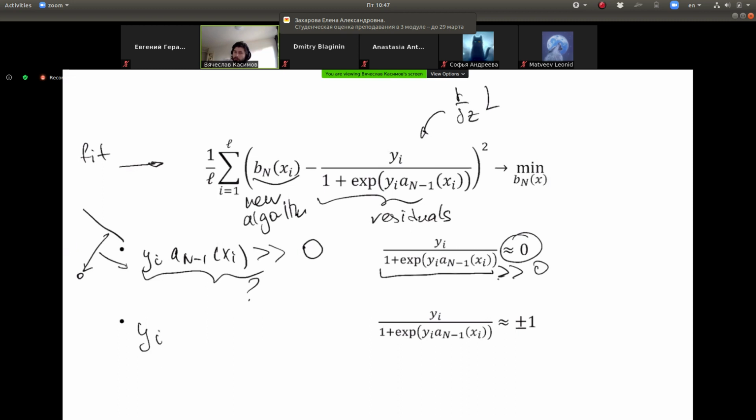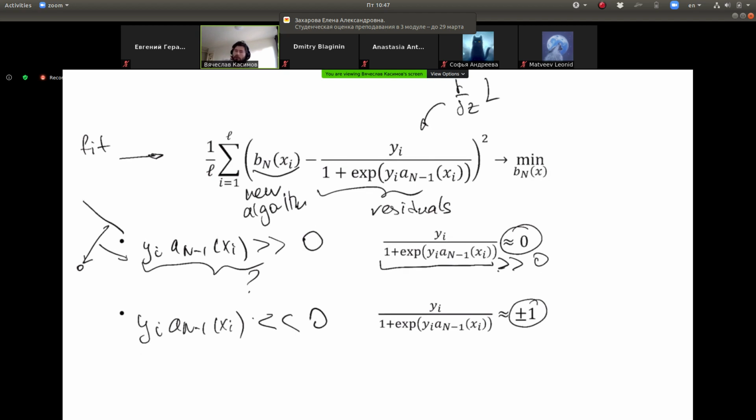On the other side, if this is big in absolute value but much less than 0, then we have plus or minus 1 here, and we know how to modify it. So we learn on these errors.